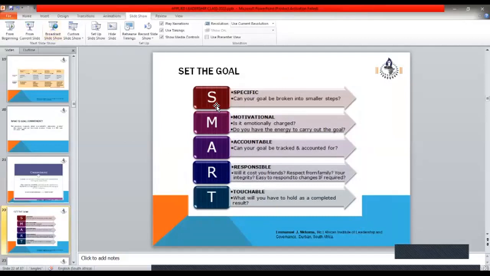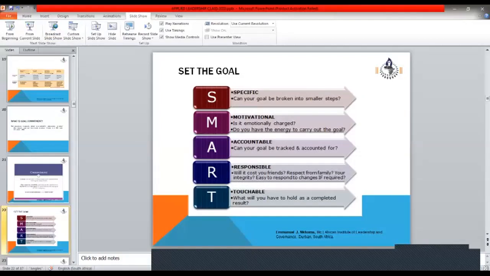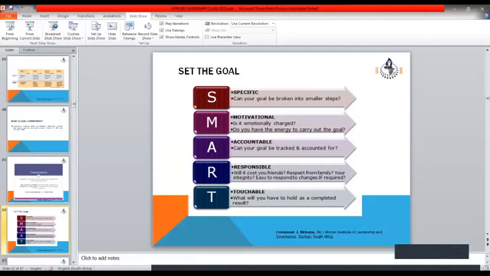And all of us know that word, so I can't waste much time on that. But for the sake of those of you that have not yet done some of the advanced courses in management and leadership, let's look at the word SMART.